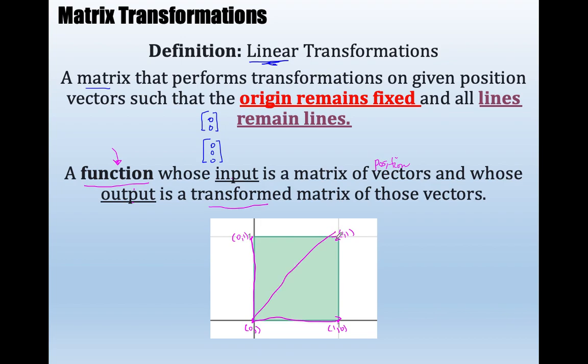Did you get the idea? If I connect the tips, I get this square, and I want to take that original unit square with those unit vectors, and I want to perform a transformation on it.